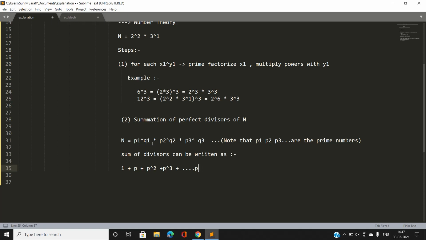Okay, so for this part, n would be replaced by q1.